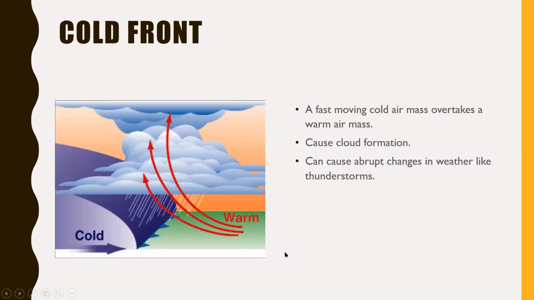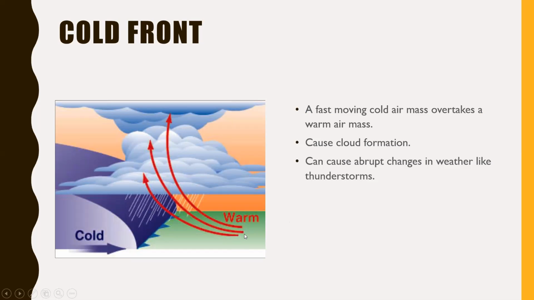So the first type of front, and if you're following along in your book, I'm now on page 76, 77, is a cold front. So this is when your cold front is moving quickly and it's now overtaking a warm front.